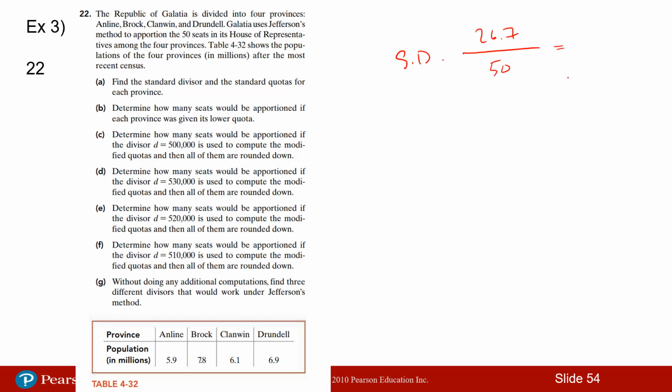So what does that look like? Okay, so you know what they do? They actually convert it to millions, that's why. So boom, they do it like this. That's why you see these big, large numbers here, because they kept them in terms of millions. Divide by 50, so what do we have here?